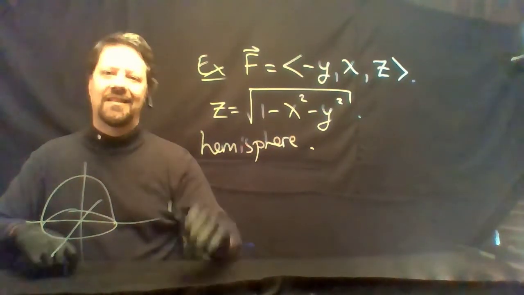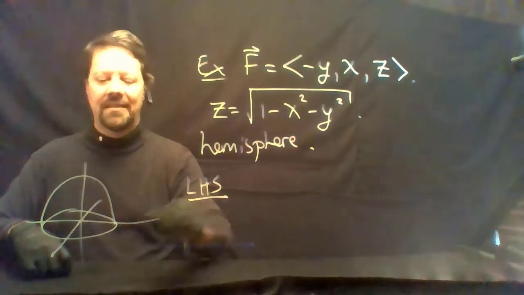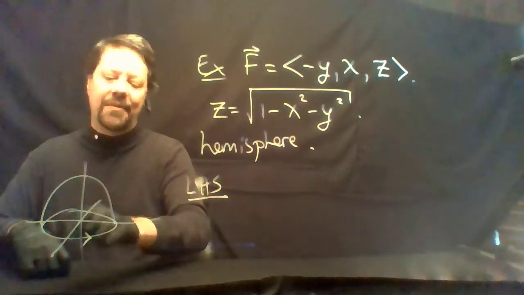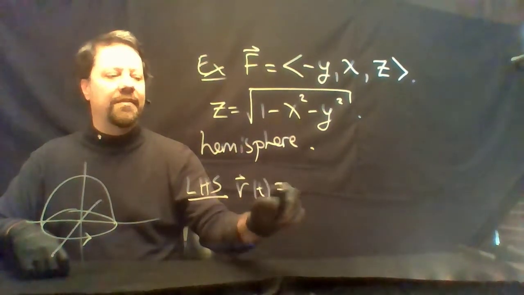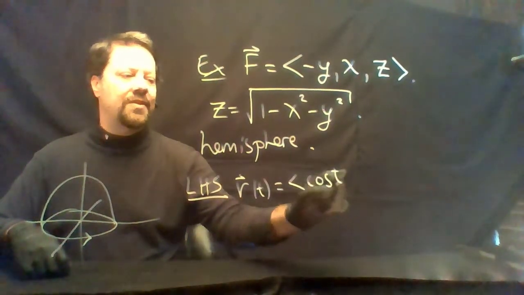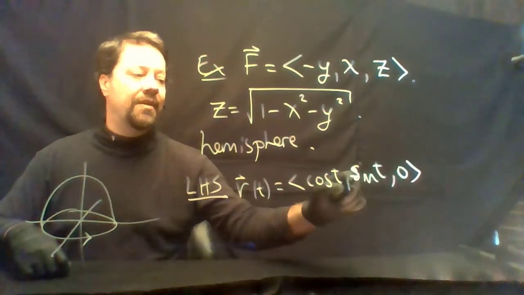So, let's do the left-hand side first. On the left-hand side, we need to parameterize the boundary curve. The boundary curve in this case will be cosine t, sine t, followed by 0.